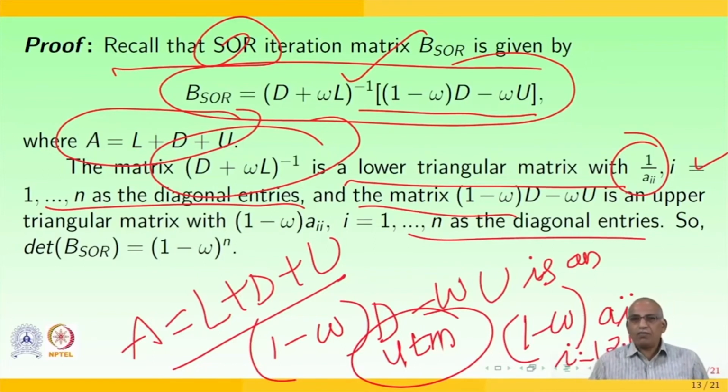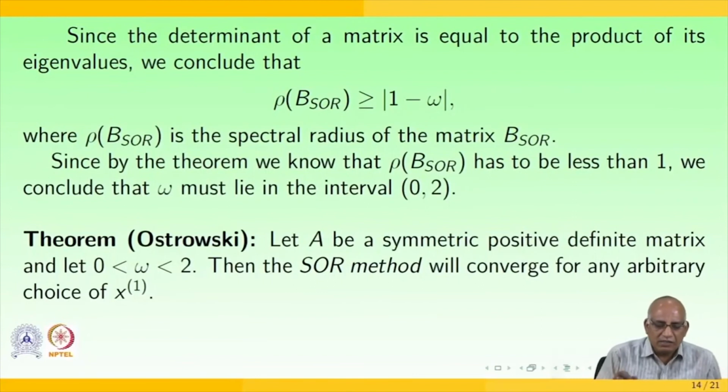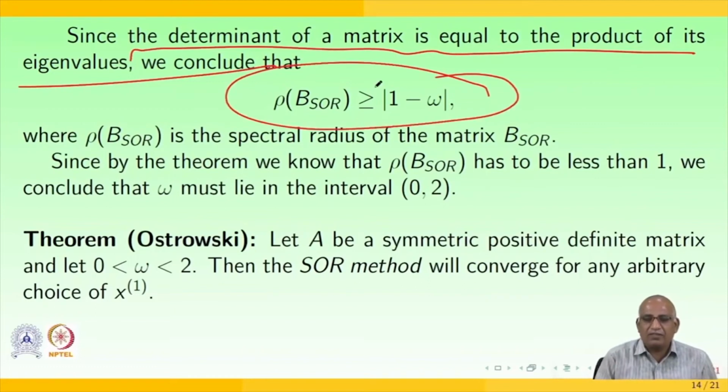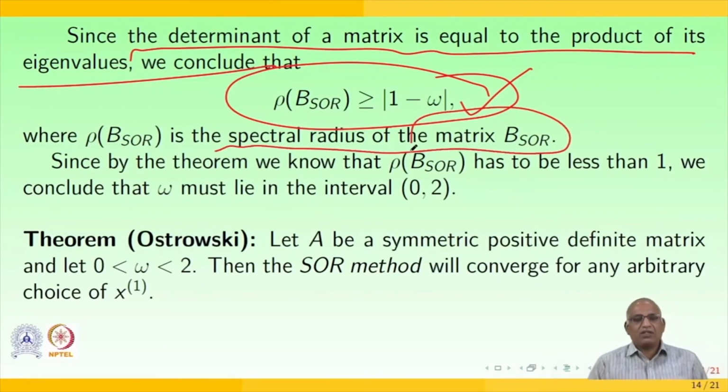So, since the determinant of a matrix is equal to the product of its eigenvalues, we conclude that rho of B_SOR is greater than or equal to |1 - omega|, where rho is the spectral radius of the matrix.